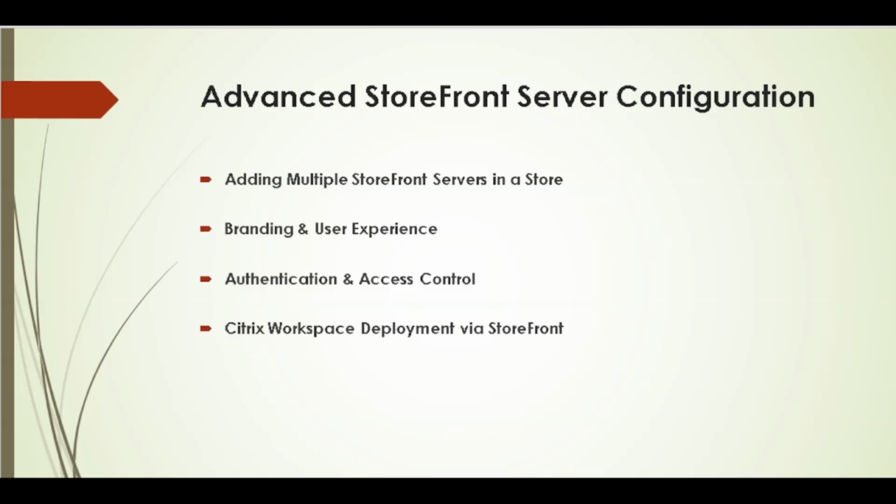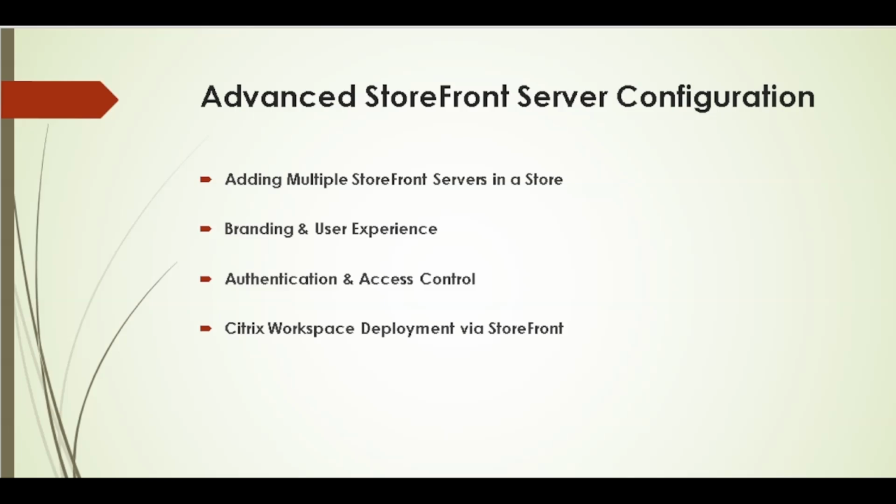In this video, we are diving into advanced configuration of the StoreFront server. So we are adding two servers in our store, we are customizing our web page, and we are reconfiguring authentication.